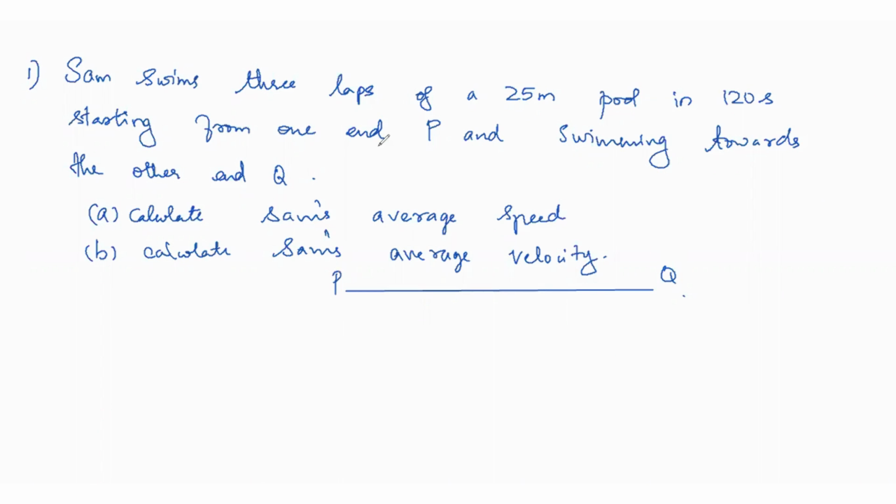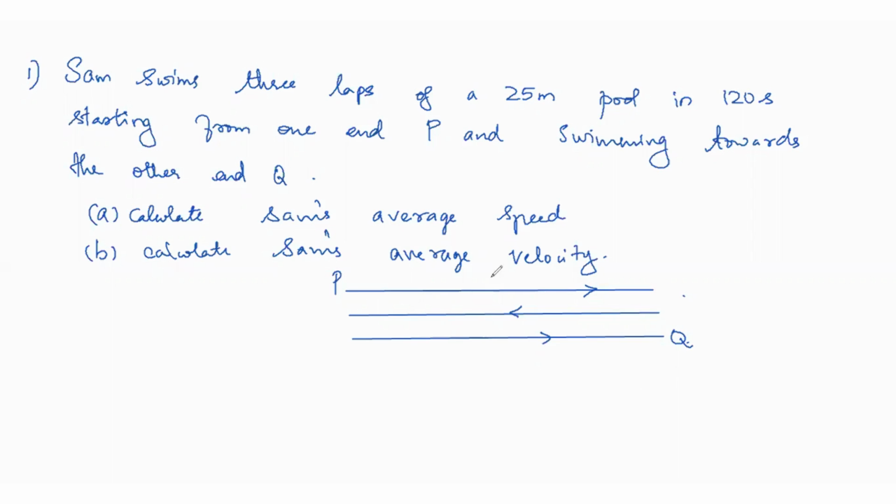So this is the first lap, this is the second lap, and this one is the third lap. So this is the path that is taken by Sam.